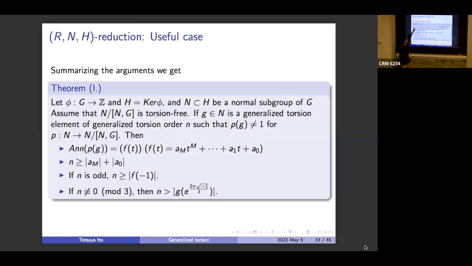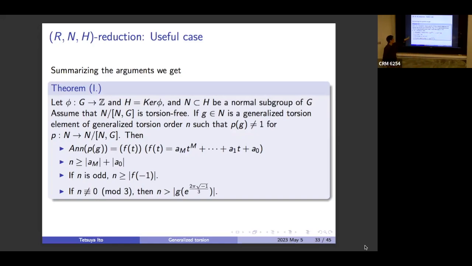Let phi be a Z to Z map and H its kernel, and N a normal subgroup, and N over NZ is torsion free. In this setting, if z belongs to N is a generalized torsion element of generalized torsion order n, then we have the following criterion. The annihilator is a principal ideal generated by some polynomial, and the generalized torsion order n is bounded below by the top and bottom coefficient.